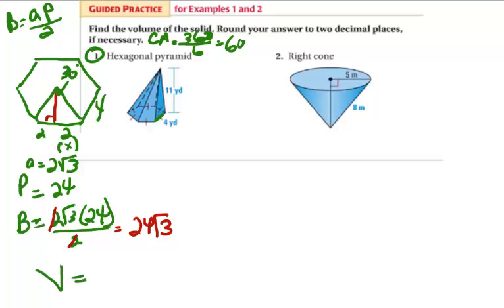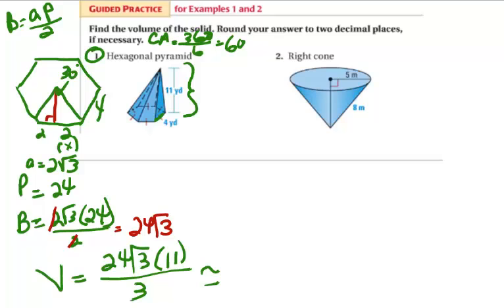So we'll look now at the volume of that figure. It is the area of the base, which is 24 square roots of 3, times the height, and they do give me the height of 11 yards, and then divide by 3, or you can look at 1/3.